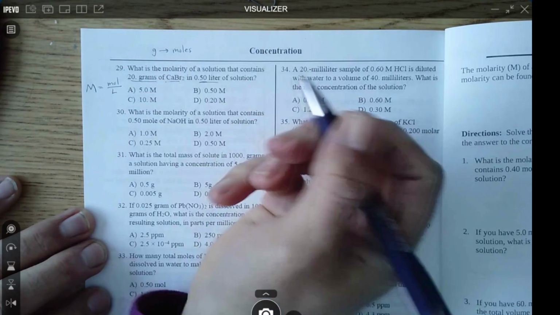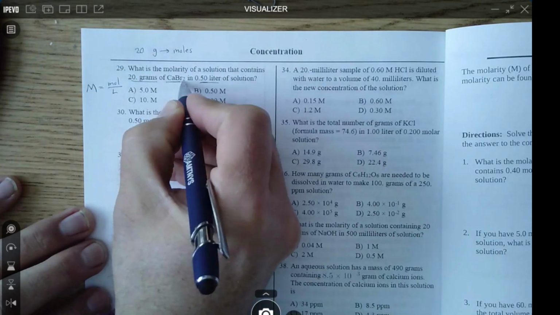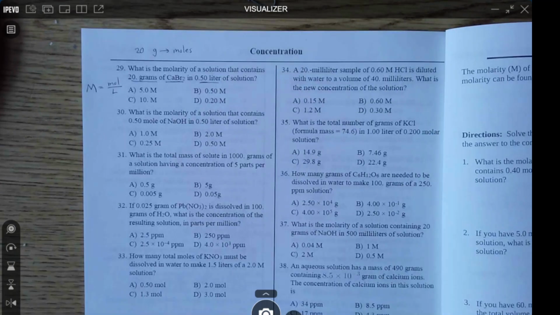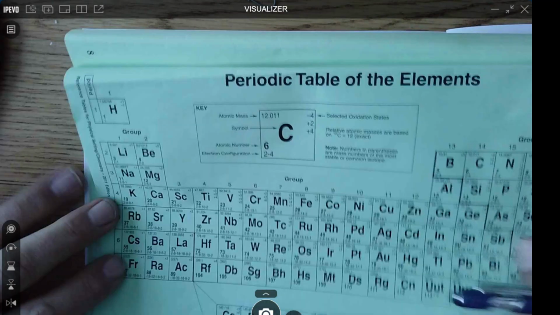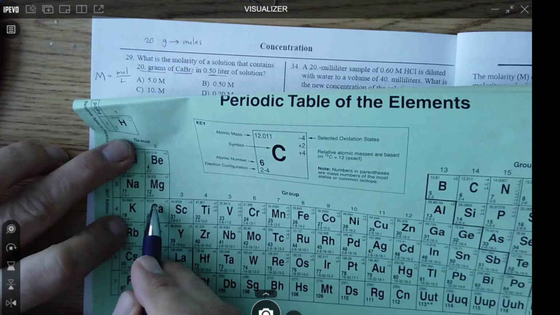In this case, we have 20 grams, and we need to calculate the molar mass of calcium bromide. So make sure you remember how to look up the molar masses of each of these elements. We just take a look at calcium, which is right here.